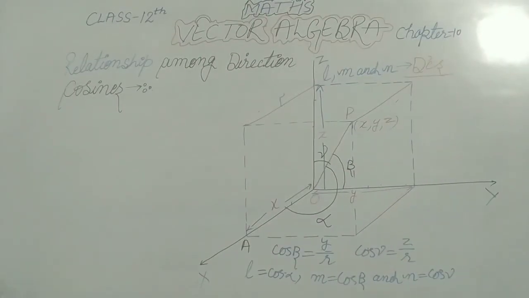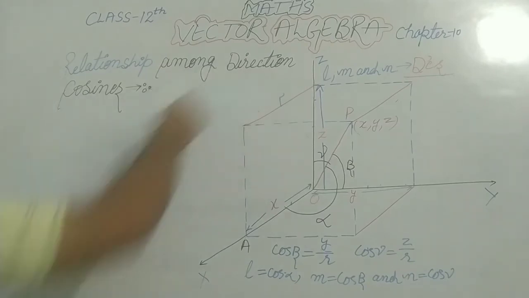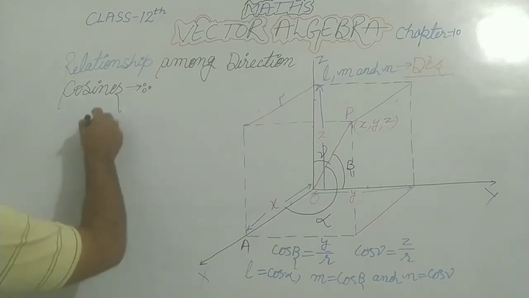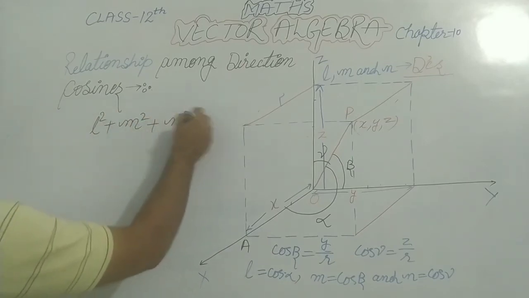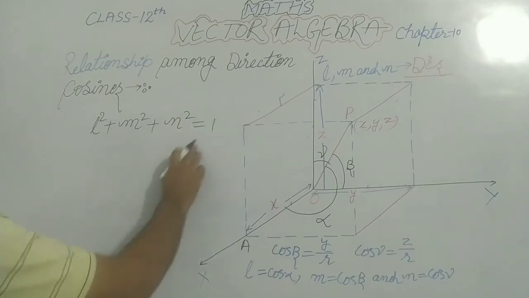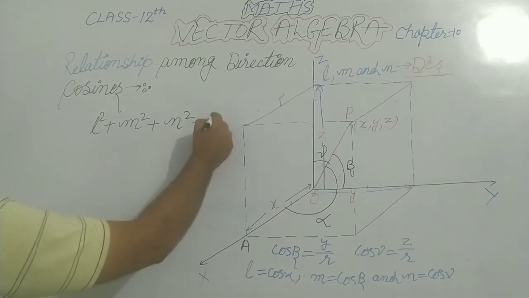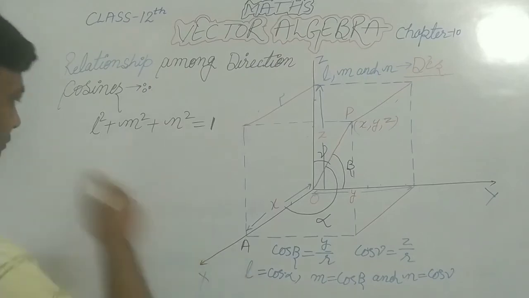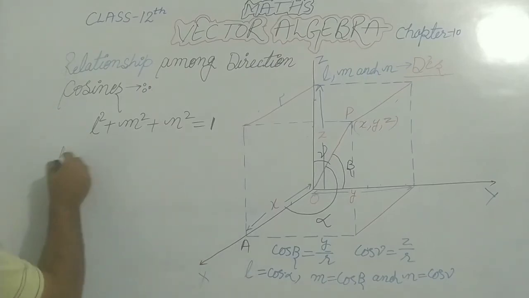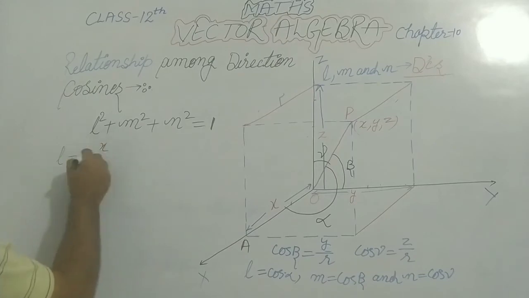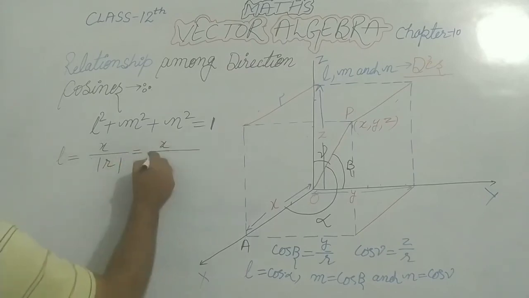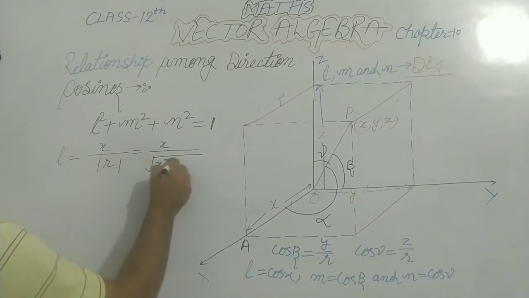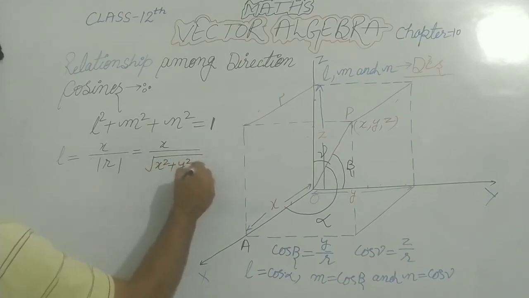Now let's see the relationship among direction cosines. The relation is L square plus M square plus N square equals 1, isn't it? So how can we prove it? We have the value of L as x over modulus R, where modulus R is under root x square plus y square plus z square.